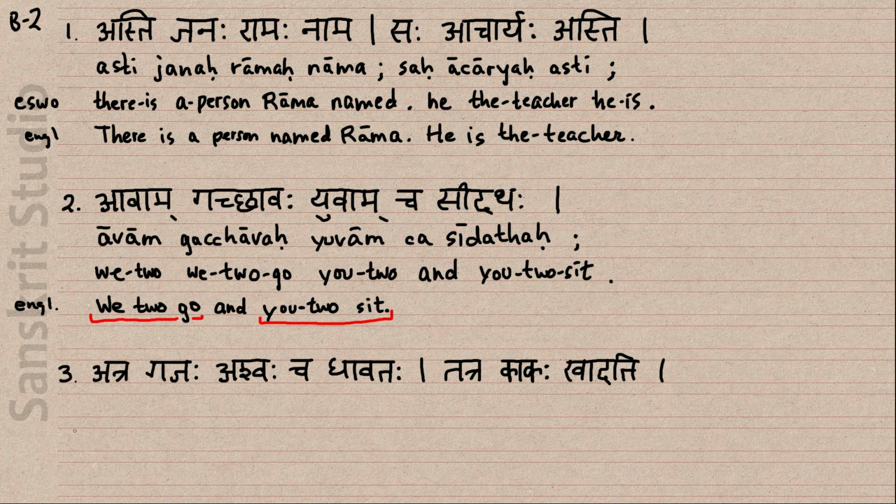Okay, let's move on to the last exercise, number 3. And we start with the transliteration directly here. Atra gajah ashvaha cha dhavataha.